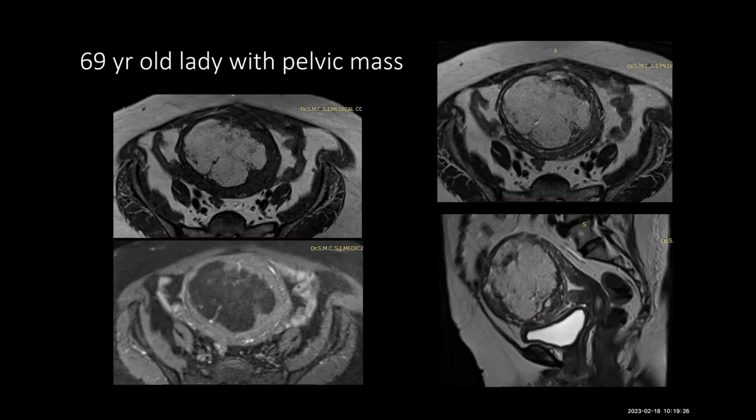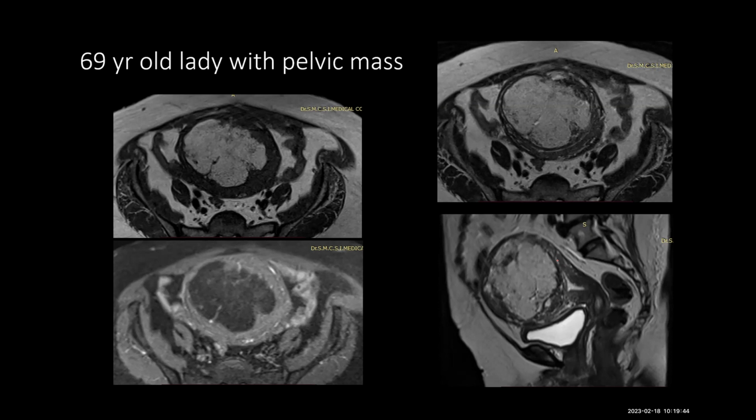The anterior uterine wall is significantly thinned out with only a streak of hypointense serosa intact. Most of the uterine myometrium is replaced by this lesion.